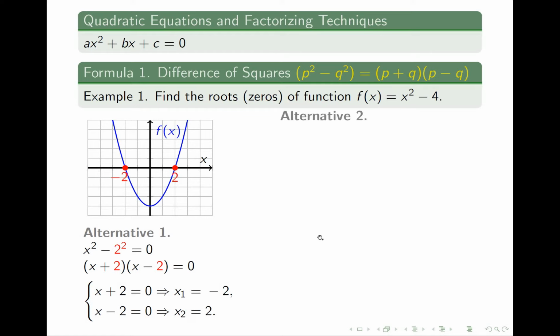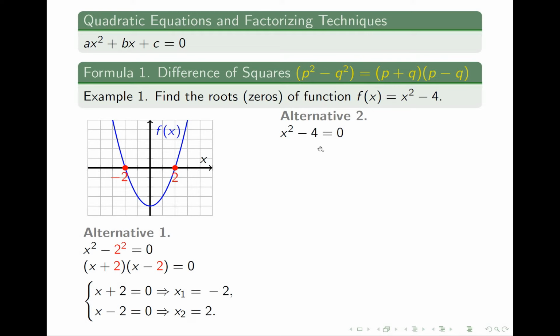So let's go through alternative 2. In this kind of expression, we don't need to go through this, and we can do it much more simply.